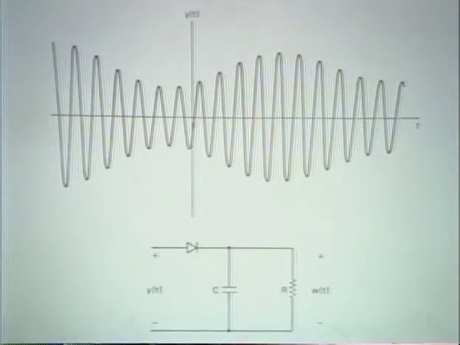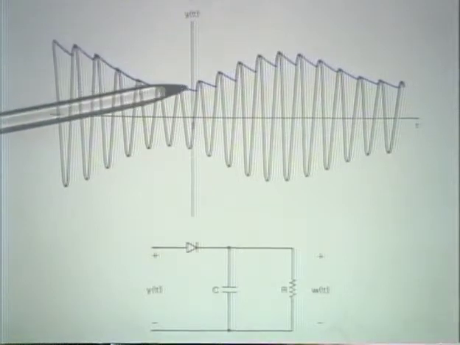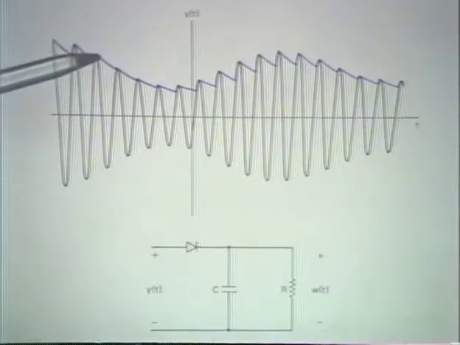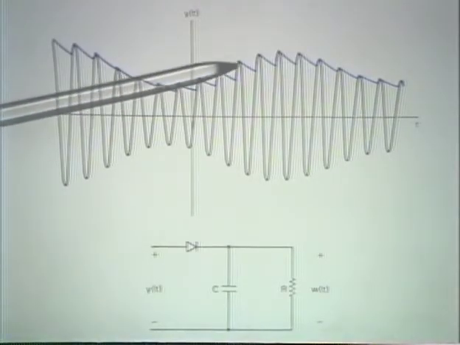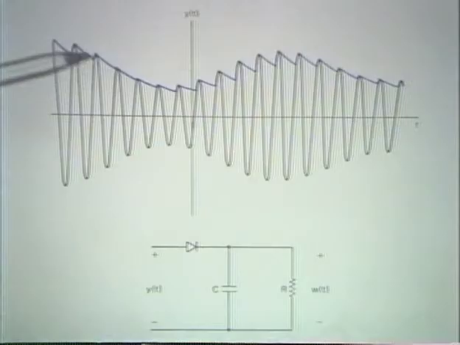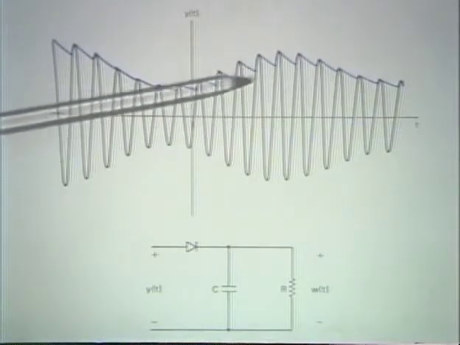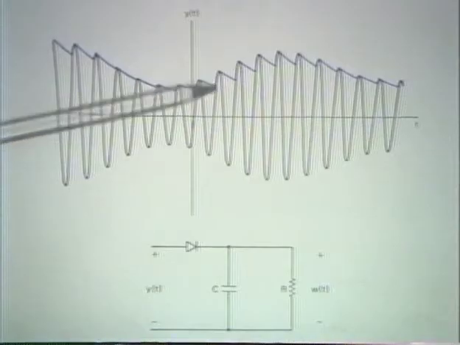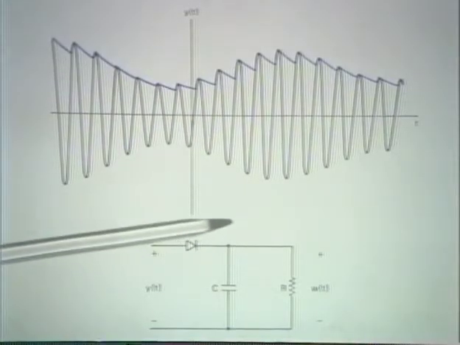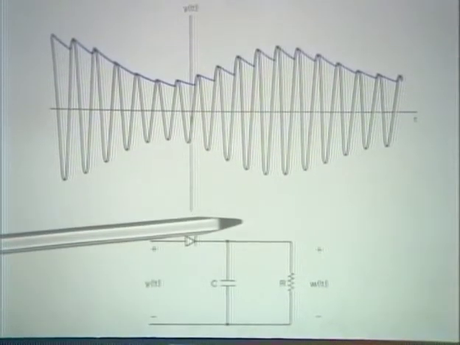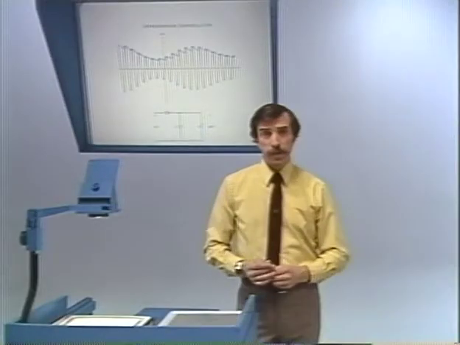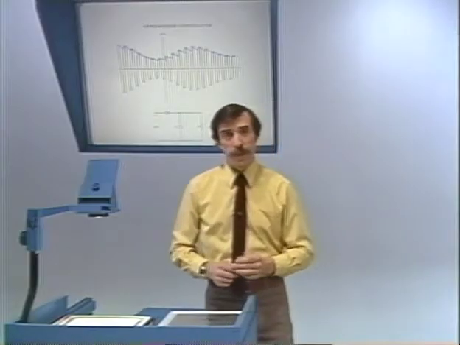In fact, the kind of output that we would get is the type of behavior that I've indicated here. And then that is a type of demodulation. It's a demodulation that doesn't require synchronization between the modulator and demodulator. And it's fairly inexpensive to build, but it has obviously some trade-offs associated with it.